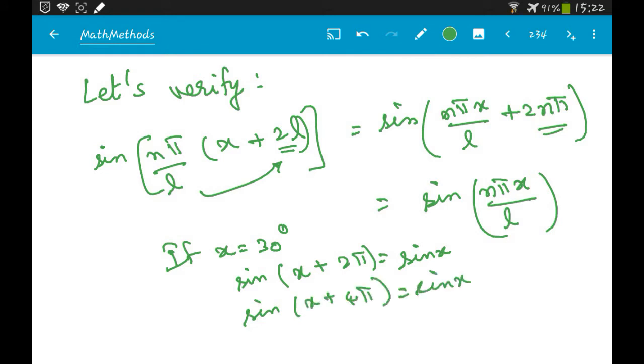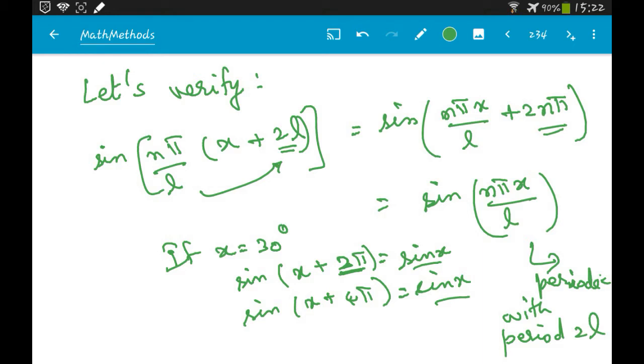So every 2 pi means it completes one circle. So after one circle, it is the same as your original sine function, or even for the cos function. So this function is periodic with period 2L.